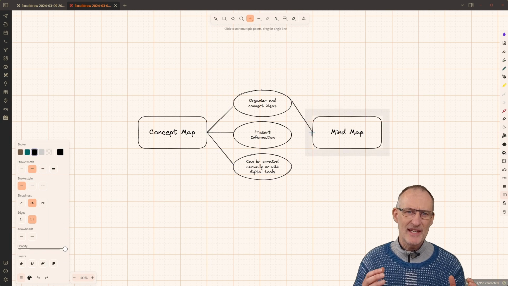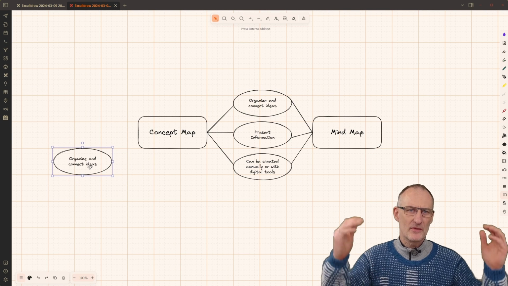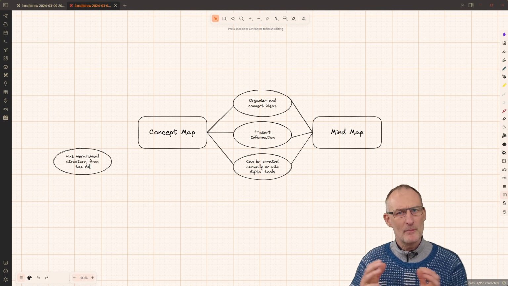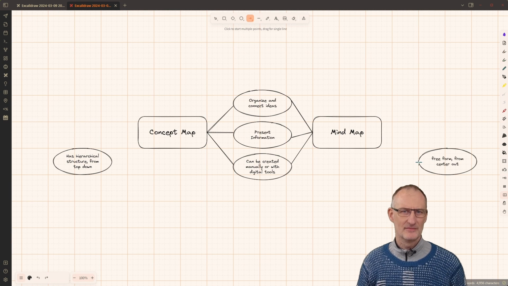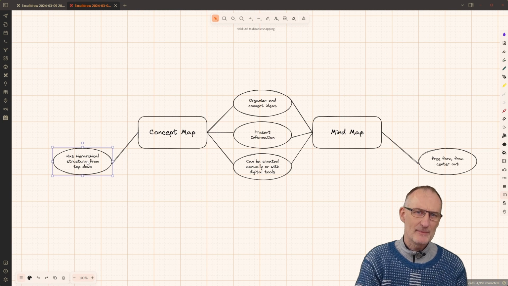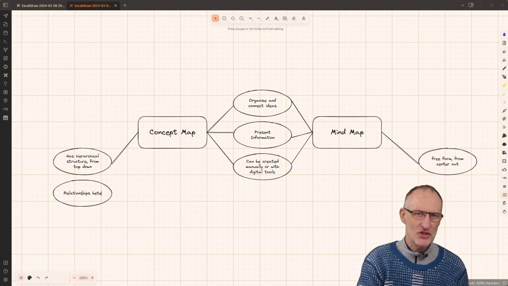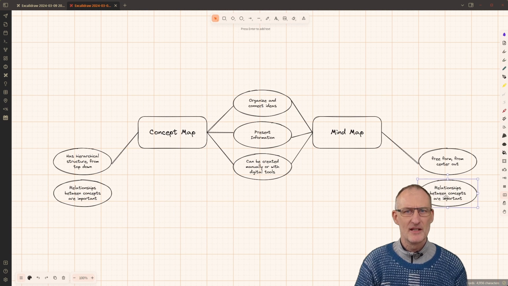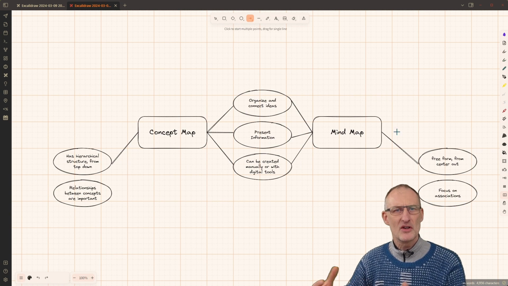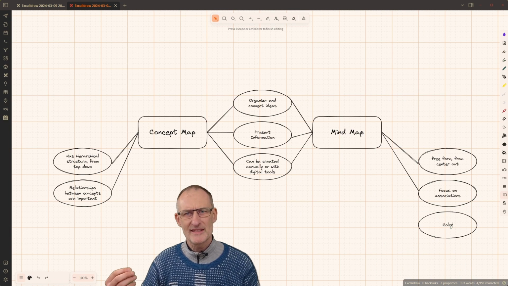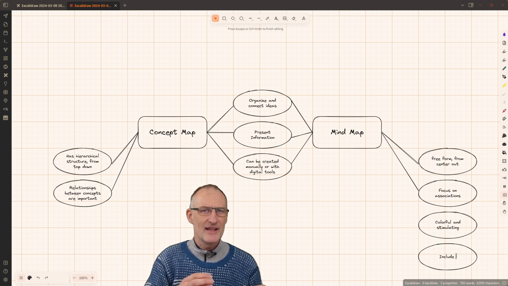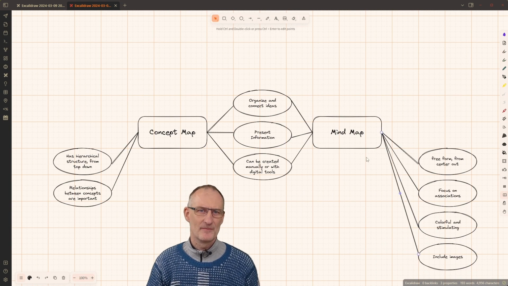Concept maps have a hierarchical structure from top down, while mind maps are free-form from center out. While concept maps focus on relationships between concepts, mind maps focus on associations. They are often colorful and stimulating and may include images.